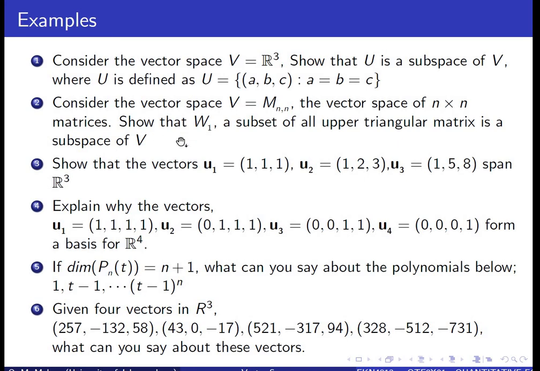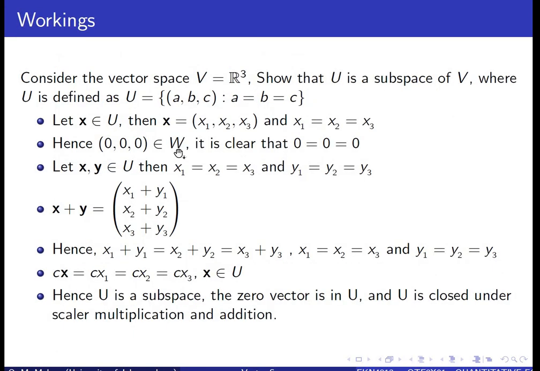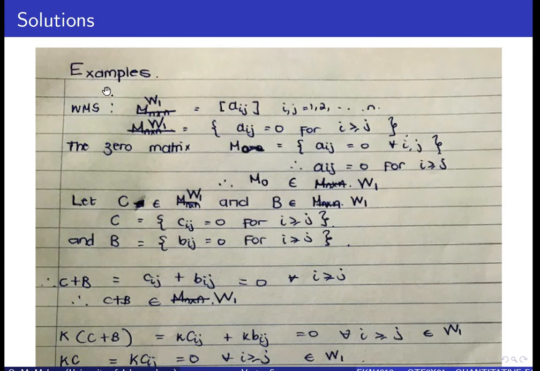So what we do is, how the set is defined is very important. In this case, this is how W1 is defined. It's a set of all upper triangular matrices in the sense that every entry below the diagonal is equal to 0.